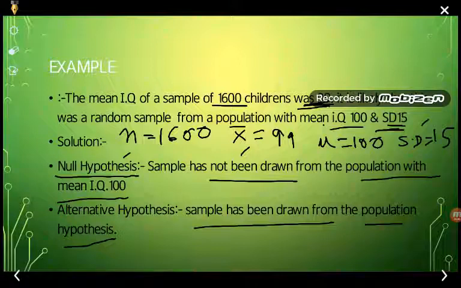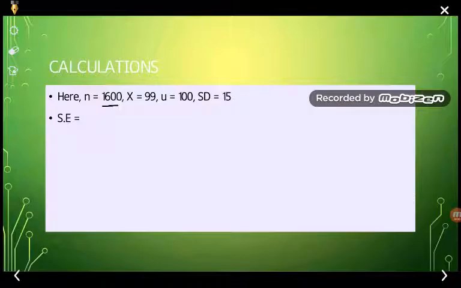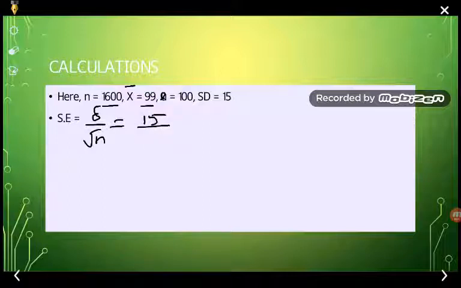Now we are going to calculate the Z value. Here we know that n is equal to 1600, x bar is equal to 99, the mean value, mu is equal to 100, and SD is equal to 15. So we know that standard error is equal to standard deviation divided by root of n, that is 15 divided by root of n.